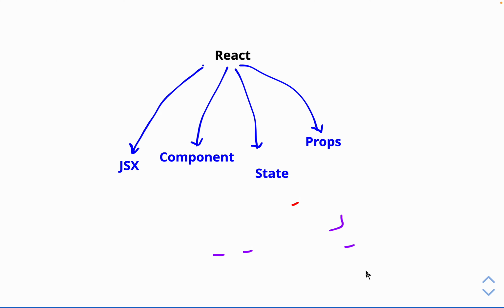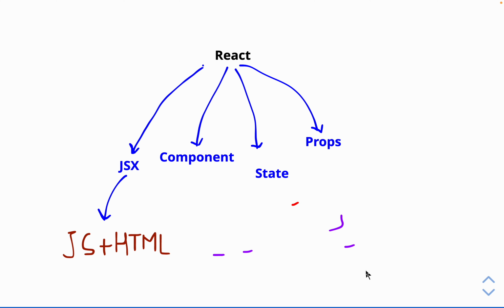So I'll start with JSX. What is JSX? If we don't go into much detail on what JSX is, but if I tell you how JSX works in React, it's basically simple. It's simply JavaScript plus HTML. So it's like your HTML code, but inside that you can put your JavaScript.